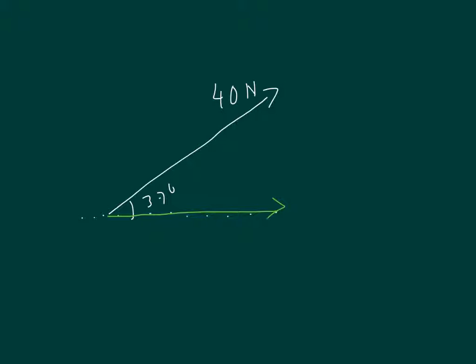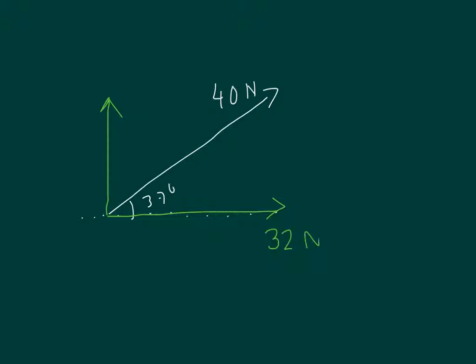So putting this together: if you have a force of 40 newtons at an angle of 37 degrees to the horizontal, you could replace this one force by two vectors, one pointing to the right, one pointing up.